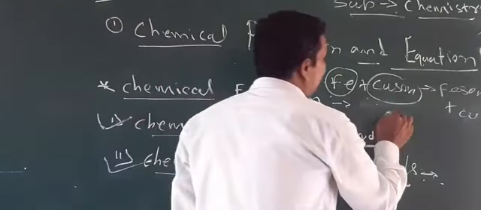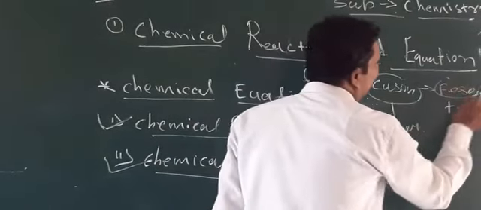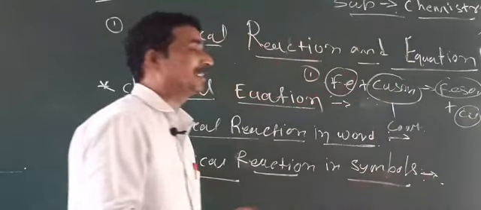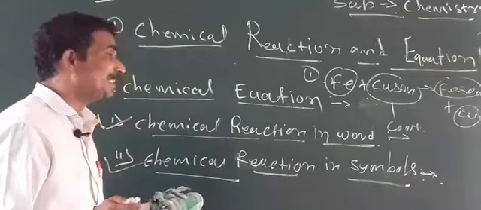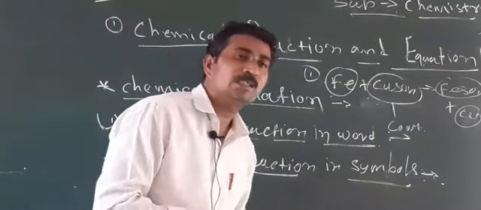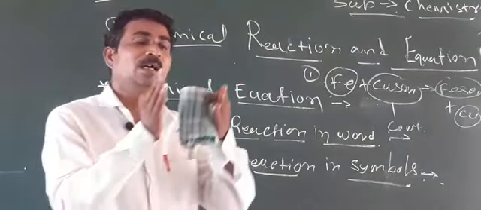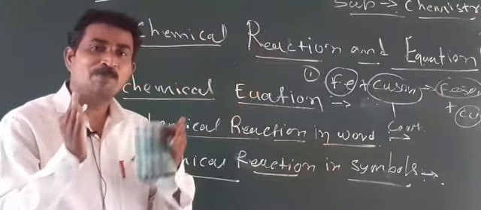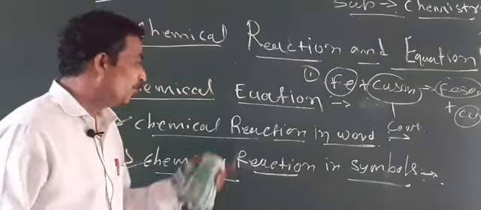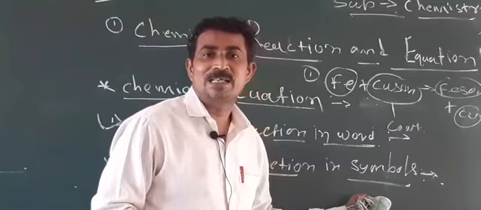This is a compound, and FeSO4 is also a compound, and Cu is a metal, an element. So in this chemical reaction we did not write copper, iron, or copper sulfate in words. In short, using the particular compound's or element's symbols or formulas, we wrote the chemical equation. That we call the symbol chemical equation.